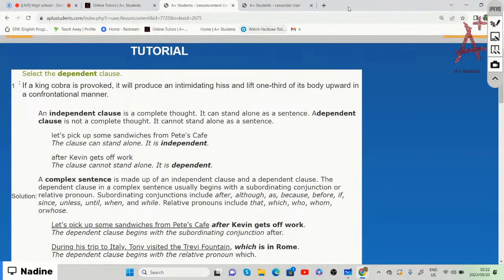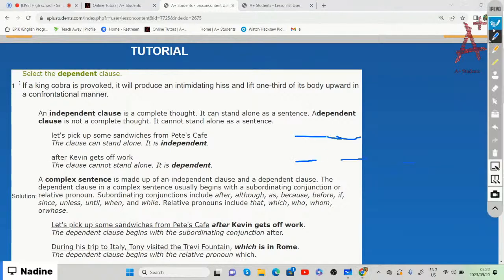So if we were to select the dependent clause, we will choose: if a king cobra is provoked. Firstly, if is a subordinating conjunction, and this is a dependent clause.